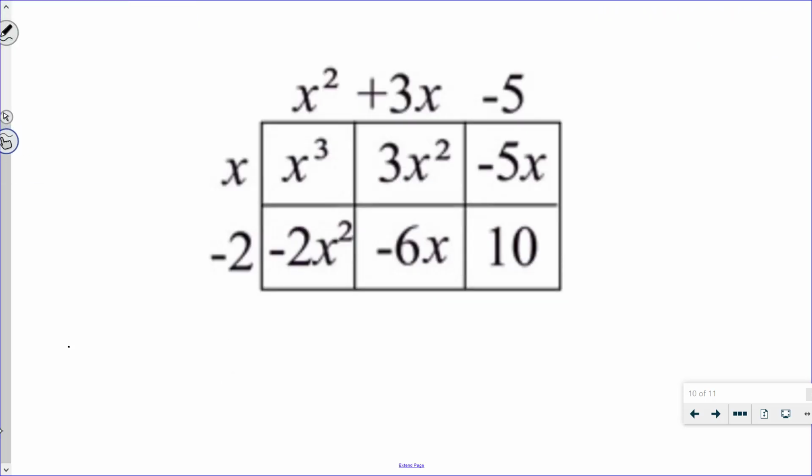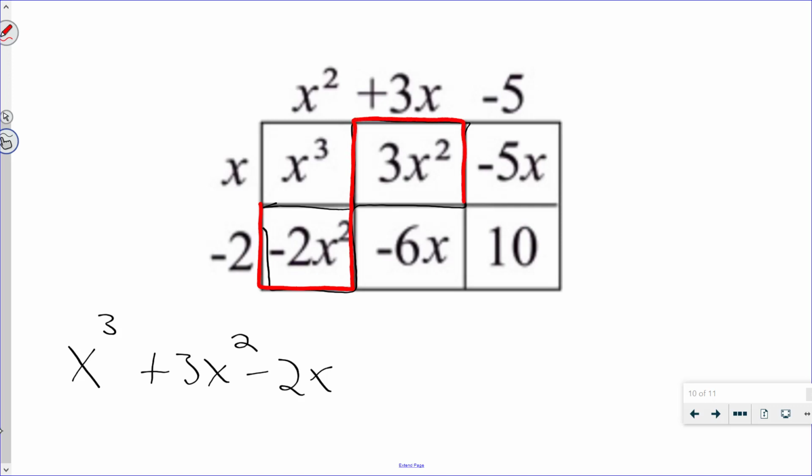So we have x to the third, positive 3x squared, negative 2x squared. As you can see, we have our like terms on the diagonal. Let me show you. Our like terms are on the diagonal. We have negative 5x and negative 6x.